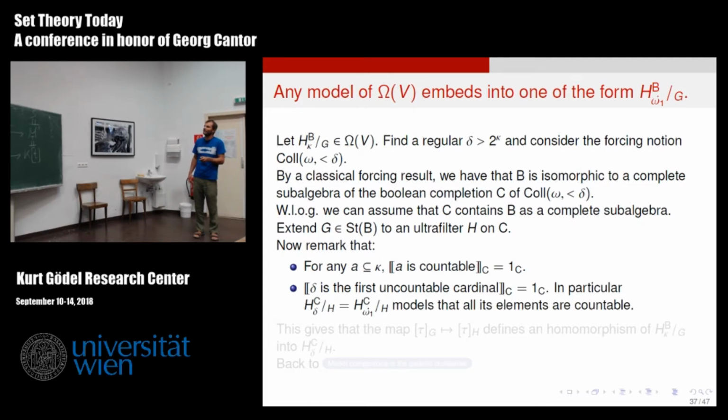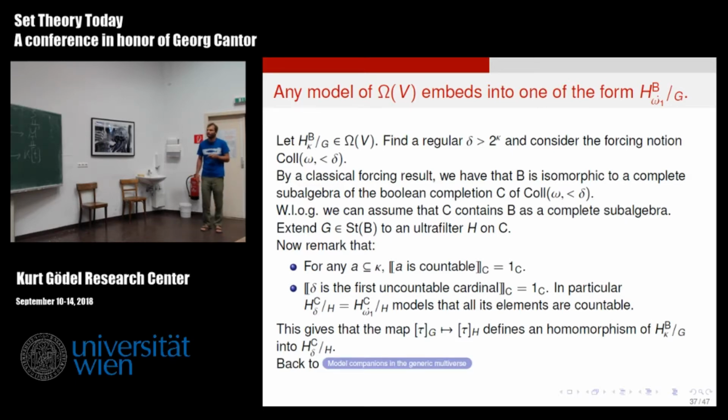So what you get is that H delta C mod H is actually the H omega 1 of the generic extension, and your map is defining an embedding of this structure inside this structure.